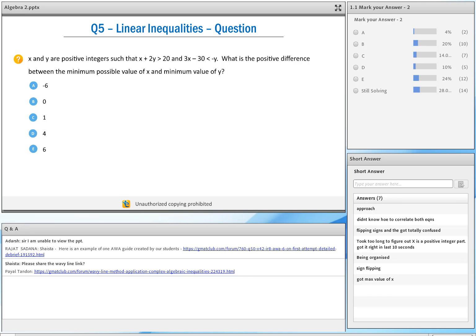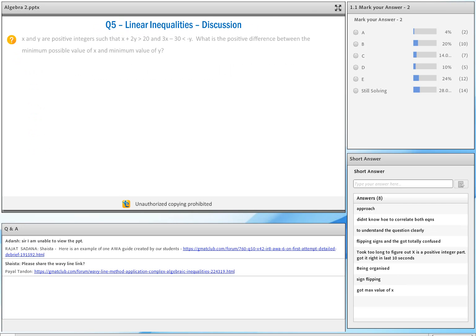Okay, so let's look at the solution here. So basically what you have is x and y are positive integers, such that these are the two inequalities given to us. Now we have to find the positive difference between the minimum value of x and the minimum value of y.